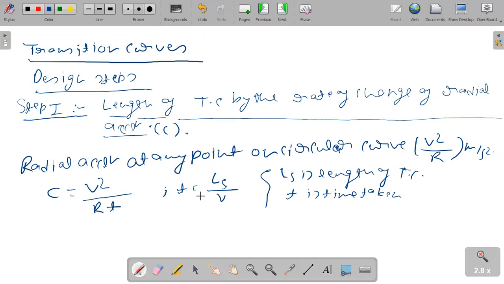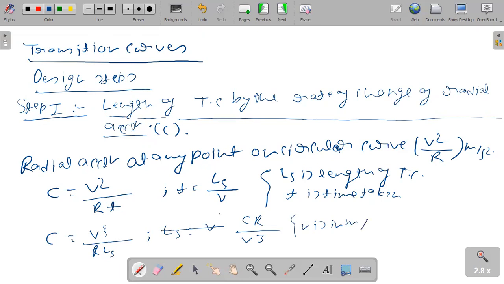Putting this value in, we get c is equal to v cube upon R Ls, from where Ls is equal to v cube upon c R, where v is in meters per second.